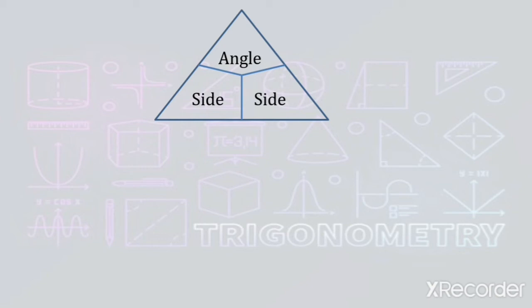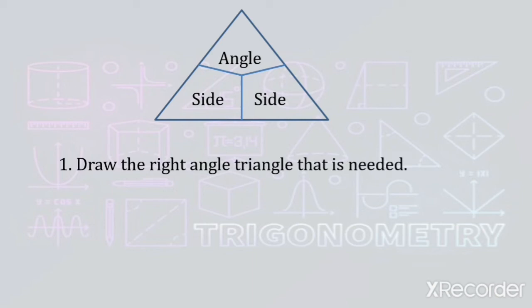If you want to find a side, if you close the side, then you will be able to see that you need an angle and a side. And finding the answers for the trigonometry lesson is very easy. You just have to follow these steps.